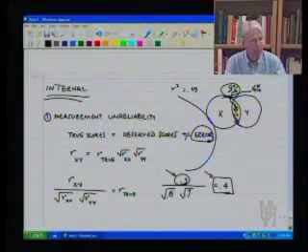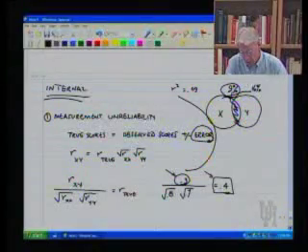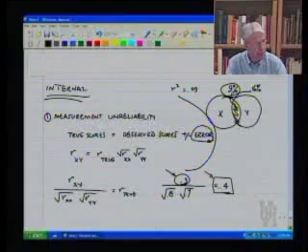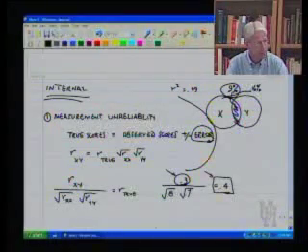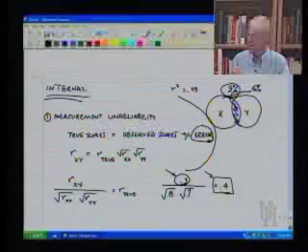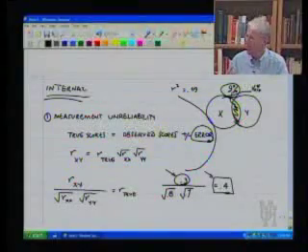Because of measurement unreliability, the observed correlation underestimates the true correlation. And this will always be the case to the extent that both instruments are not perfectly reliable.